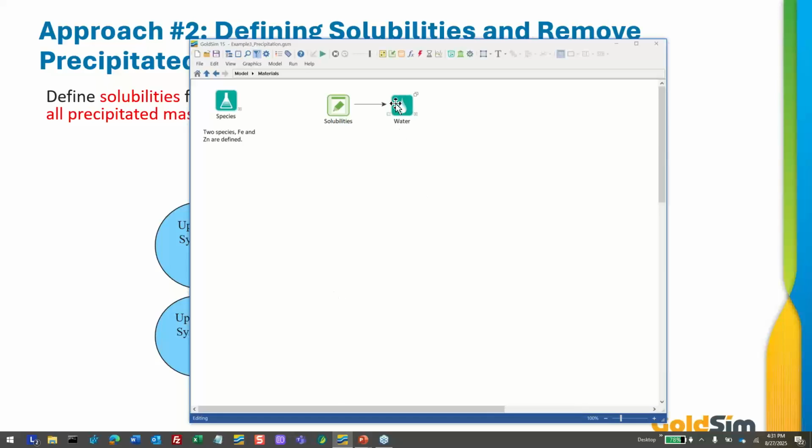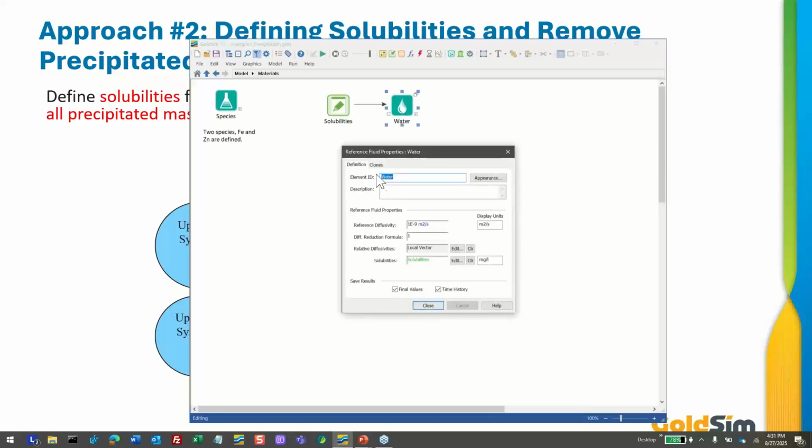Water is what's called a reference fluid. It's in all of your environmental models, water is the reference fluid. But now we still want water to exist in other parts of the system. We're going to say there's water going through the tank, but this water has slightly different properties.